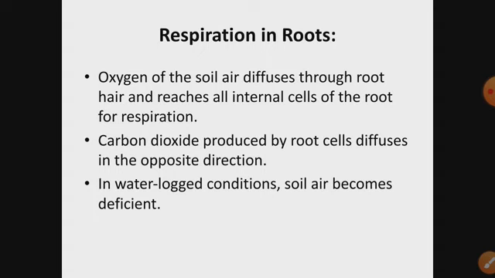Carbon dioxide is present more inside the root, so diffusion will happen, again from higher concentration to lower. Oxygen is present more outside, so it will diffuse inside. Carbon dioxide, as a gaseous waste of the plant, is present inside, so it will come outside. So diffusion will happen across the membrane of the root.